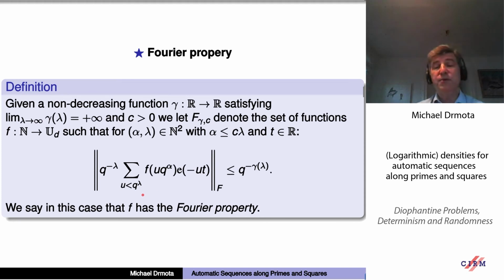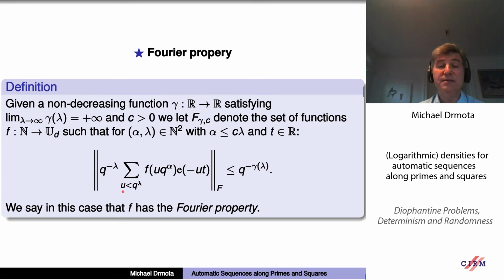And the second property, which is very important, is the so-called Fourier property, which says that the Fourier transform decays properly.